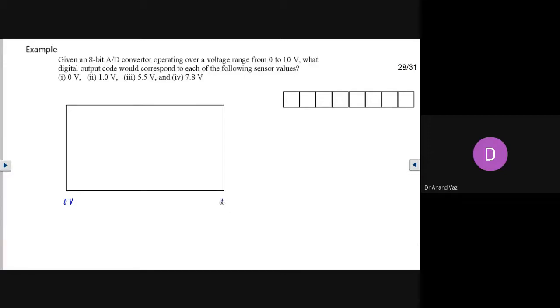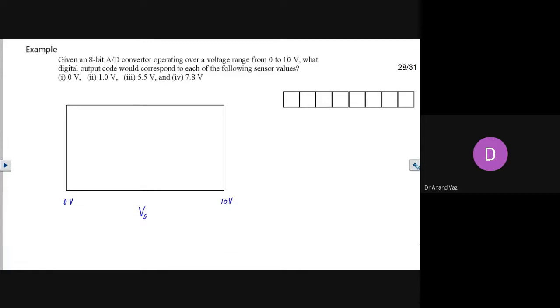So this is our range of analog. This is the range in which our signal lies. We could say that this is actually the range for our analog signal. It can lie in this range.